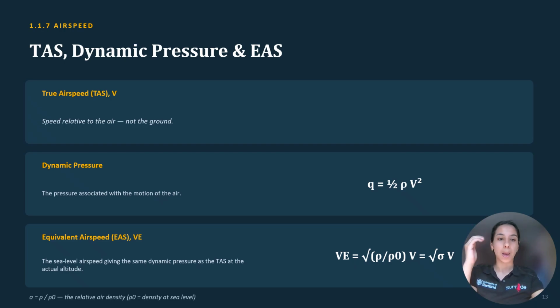The sea level airspeed giving the same dynamic pressure is called the equivalent airspeed. Dynamic pressure is the pressure associated with the motion of air, and q equals half rho v squared. I'm not going to talk about it a lot. It's just a formula you have to remember, and what we sometimes call the EAS, the VE. You can see the formula here. Sometimes all you need to do is remember the formulas.